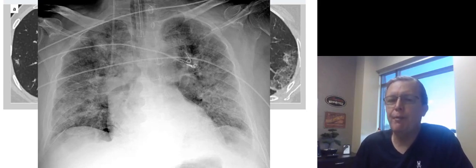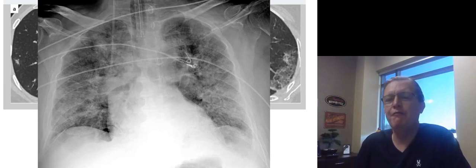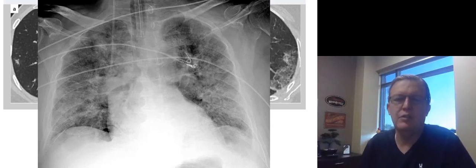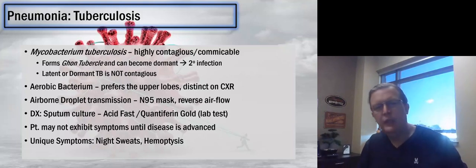Again, to contrast from pulmonary edema, remember with pulmonary edema, the infiltrates, this fluffy area in the lung, coalesced around the vascular bed. In this case, it's not. It's diffuse all over the lung fields. This is what makes this such a challenging pneumonia to treat when it evolves to that.